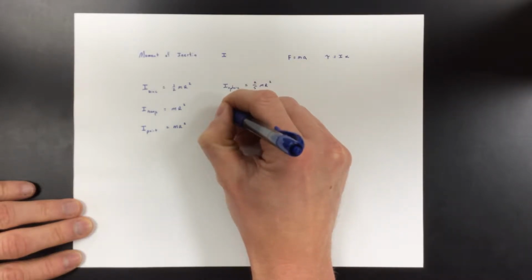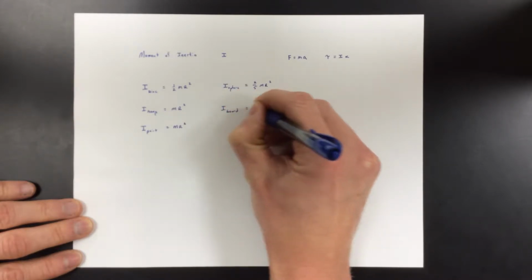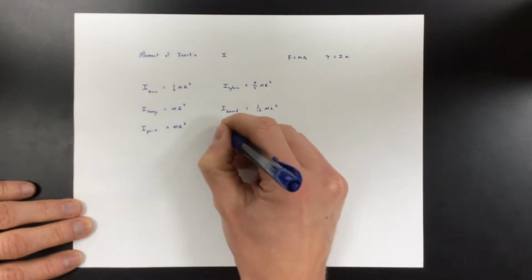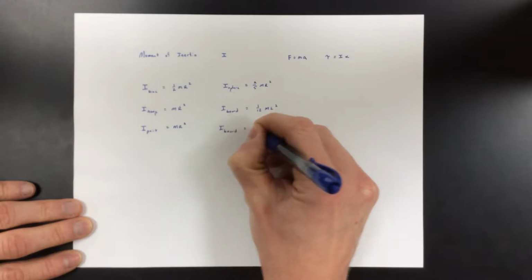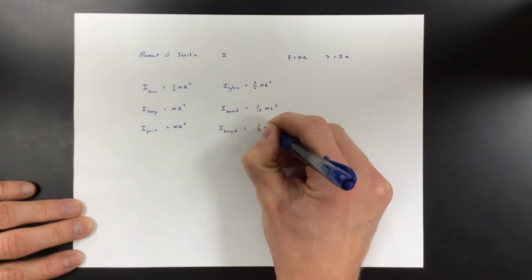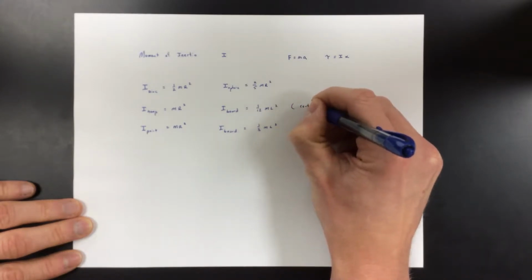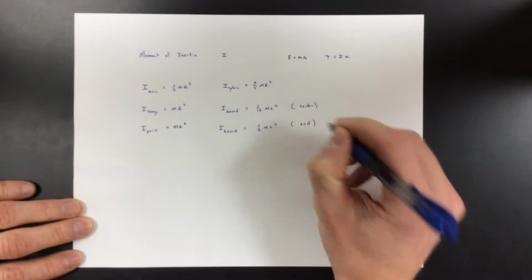And then we have the moment of inertia of a board is 1/12 ml squared. The moment of inertia of a board pivoted in a different spot is 1/3 ml squared. Okay, and so for this one, this is the pivot in the center, and for this one, this is where the pivot is at the end.